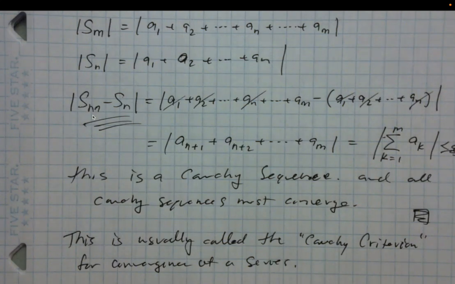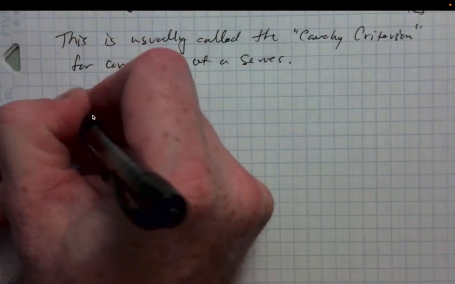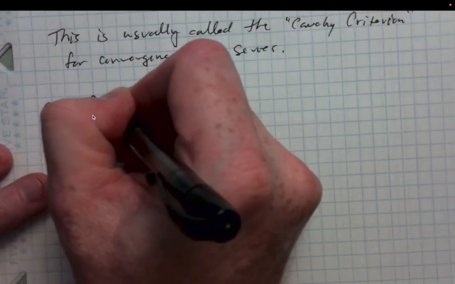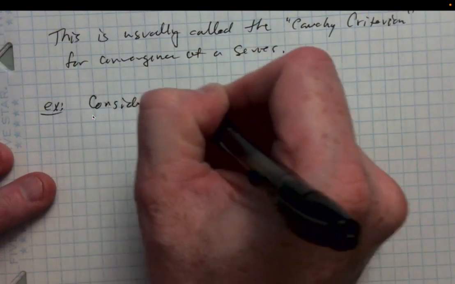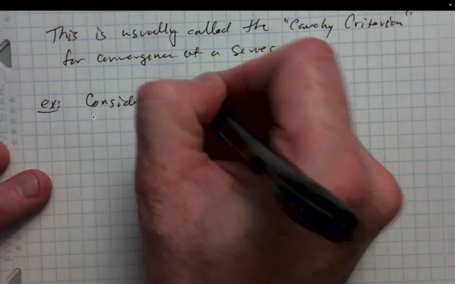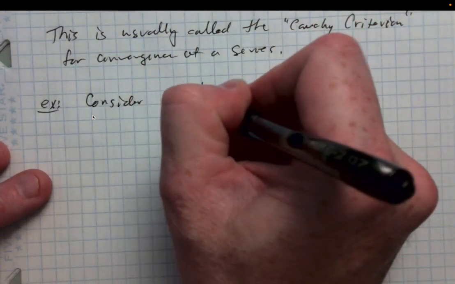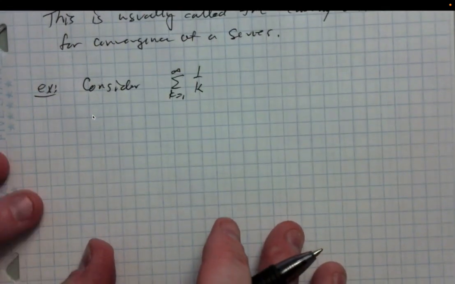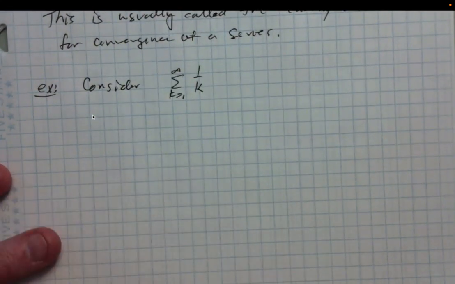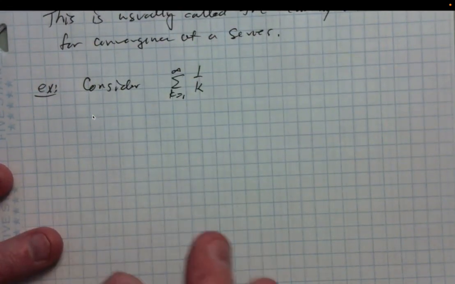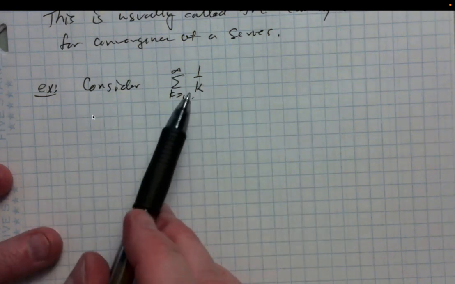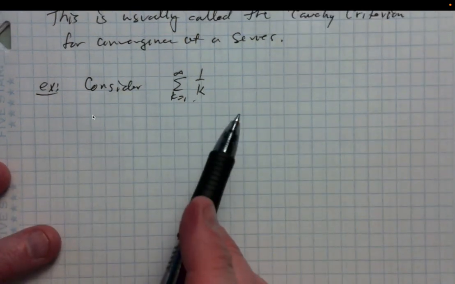Okay, let's do an example here where we use this. So let's consider the sum from k equals 1 to infinity of 1 over k. Let's consider two partial sums. First of all, we know this does not converge, and we're going to use the Cauchy criterion to show it.